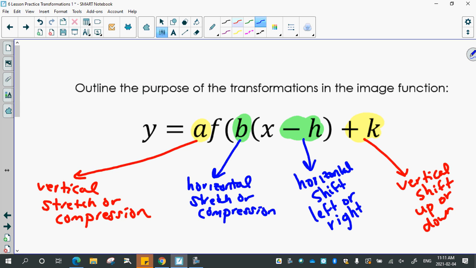So inside with the X, horizontal, out in front, or way at the end, vertical. Okay? And then the only things to remember are, if A is negative, you have a vertical reflection.